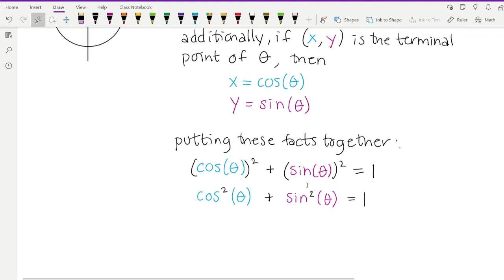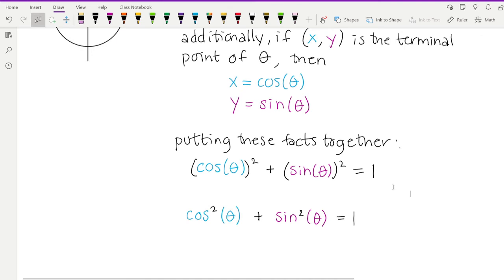So this bottom equation that I wrote down, cosine squared of theta plus sine squared of theta is equal to 1, is what we call the Pythagorean identity. So I'm going to scooch it down a little bit and label it as such. This is the Pythagorean identity.